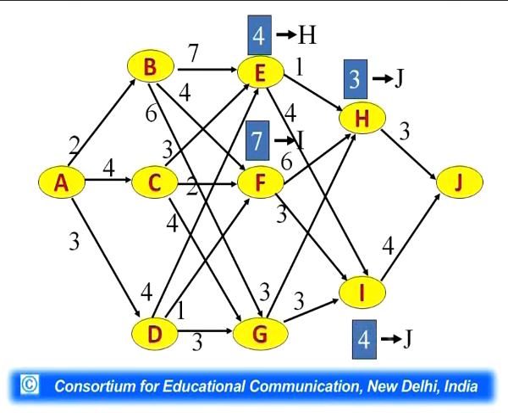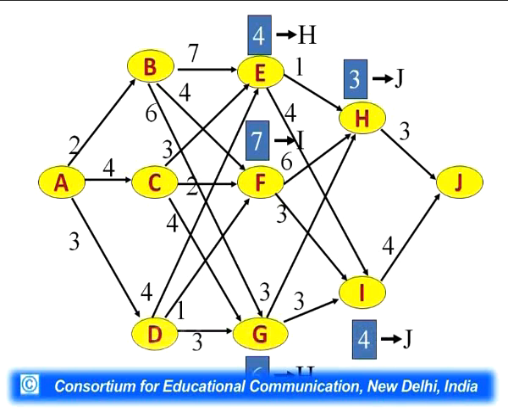Now, we will see at G also how much the distance is. At G it is 6 kilometers, and we are writing H. So we are coming from point H, because till H it is 3 kilometers and G to H is 3 kilometers, 3 plus 3 is again 6 kilometers, that is why we have written 6 kilometers at the bottom and the arrow shows H, from H to G only.